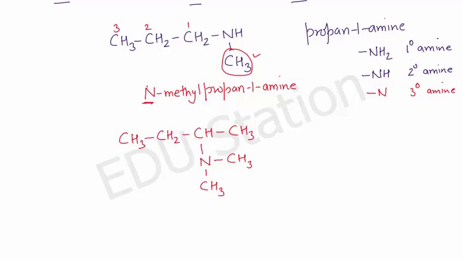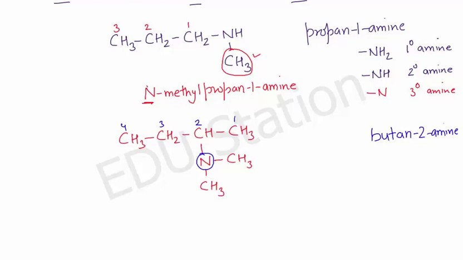Now you will look at the longest chain to which this nitrogen is attached. Obviously this is the one at the top. So we'll try and give the lowest number to N. So it will be 1, 2, 3, 4. So your name would be butane-2-amine.